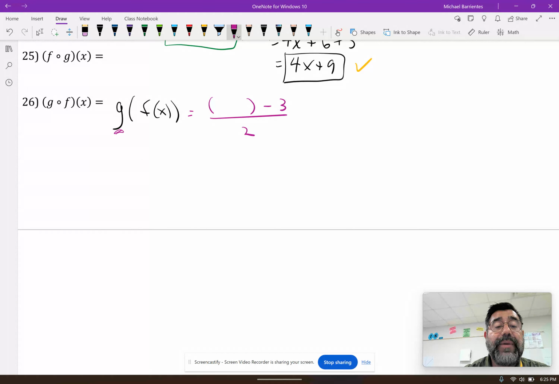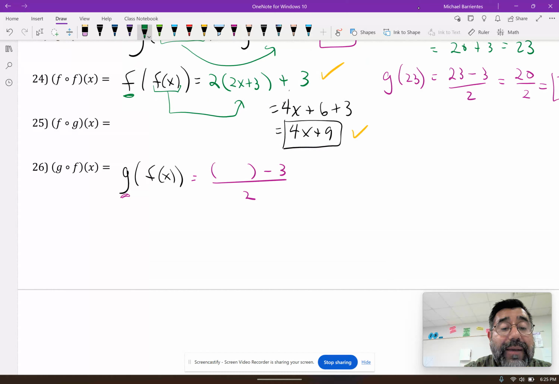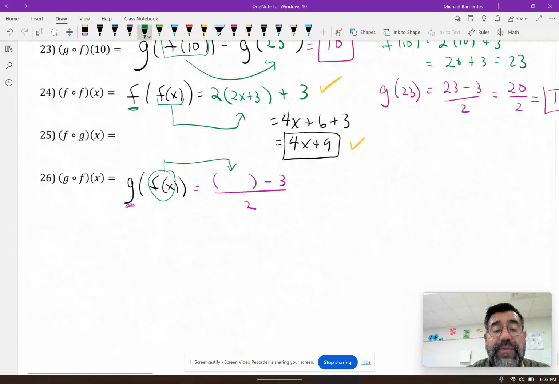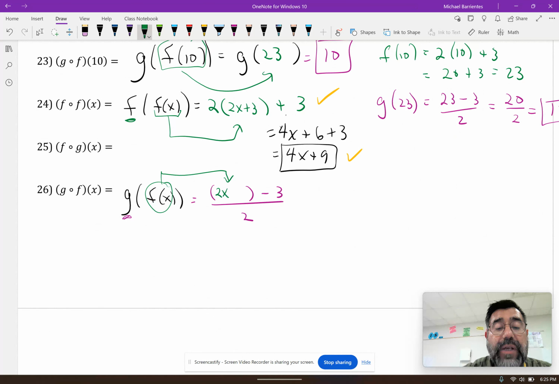Input minus 3 divided by 2. But what's my input? Well, my input is the f rule, so I'm going to dump the f rule in there, and the f rule is 2x plus 3, so I'm going to write 2x plus 3. I now created a composition of functions. Great. This is the answer. Is it simplified? No, but that is the answer.